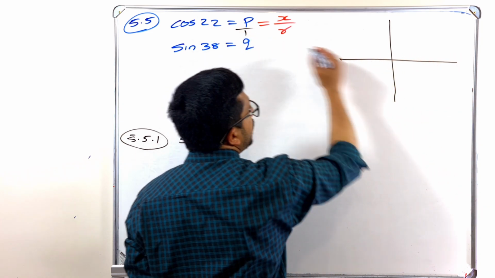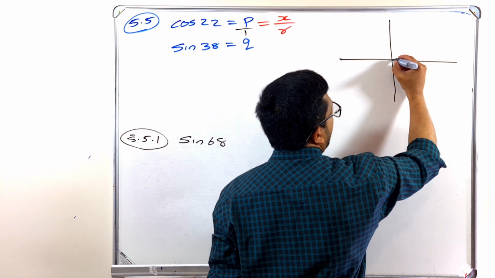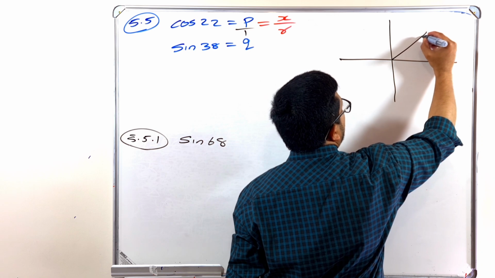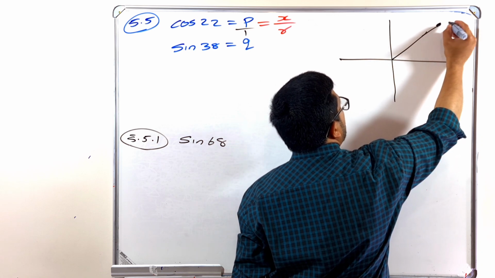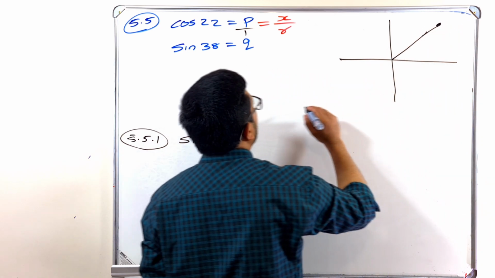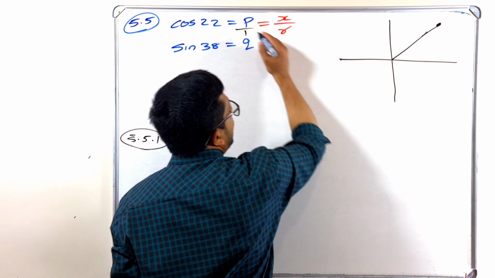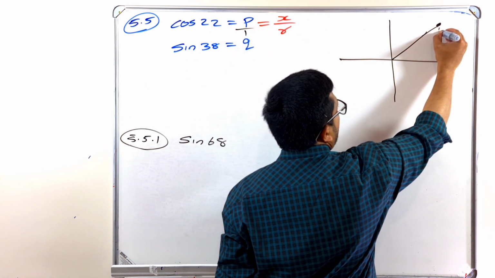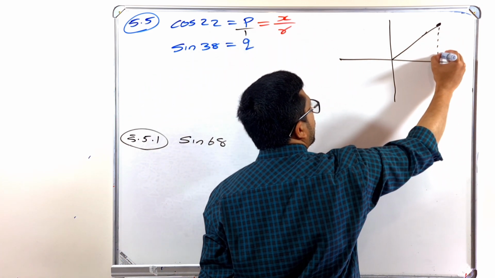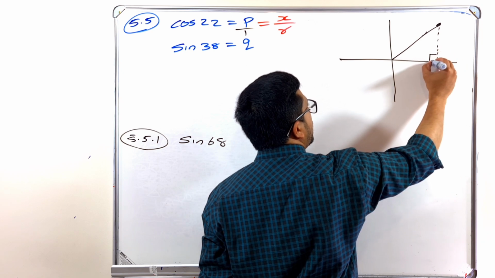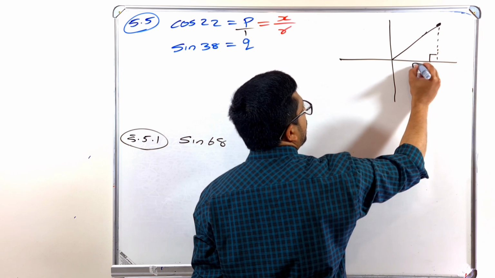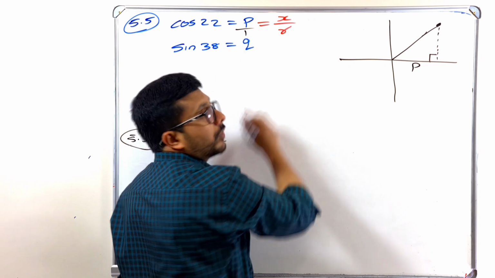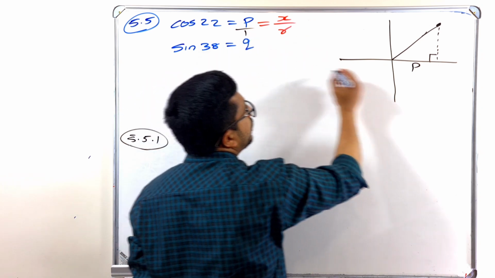So 22 is an acute angle, that is in the first quadrant. Now x is p. So let me draw a perpendicular line like this. This is 90 degrees. That means x value is p and r is equal to 1.